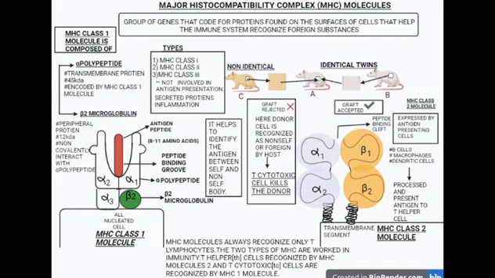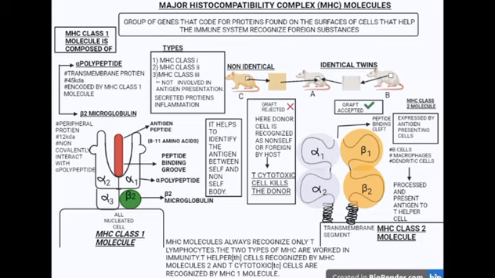So MHC class 1 molecules are expressed by all nucleated cells, and MHC class 1 molecules are composed of alpha polypeptide and beta 2 microglobulin. As you can see in the diagram, there are alpha 1, alpha 2 and alpha 3. They are the domains of the alpha polypeptide.